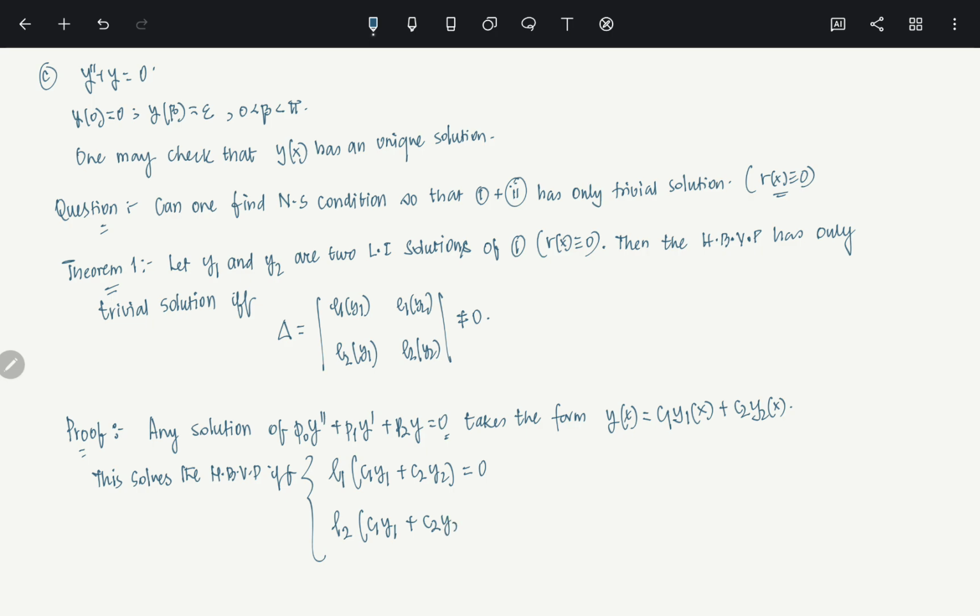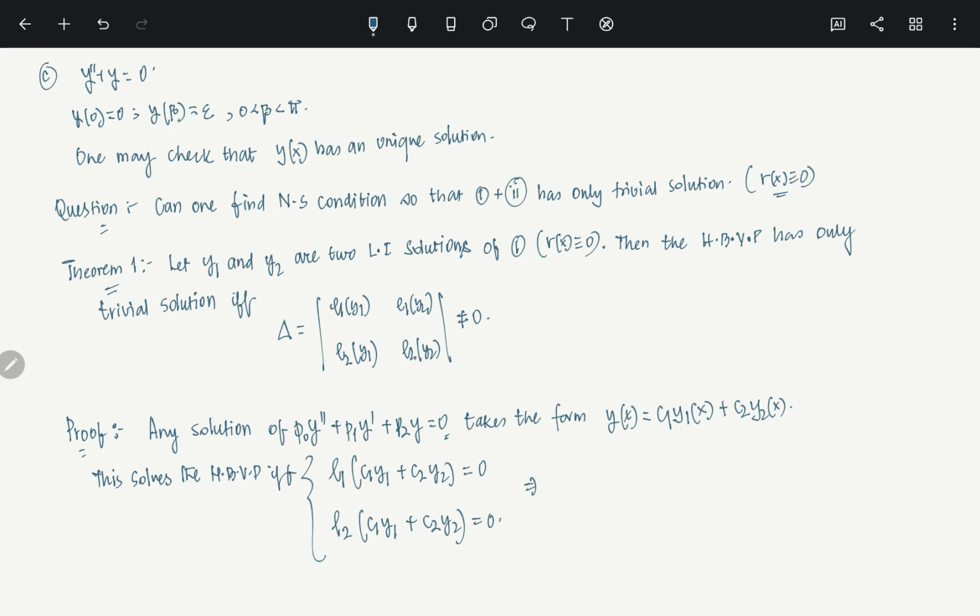Why does this have to be the case? Because if L1 of y has to be 0 and L2 of y has to be 0, that's the condition, and if y looks like this, then this is true.